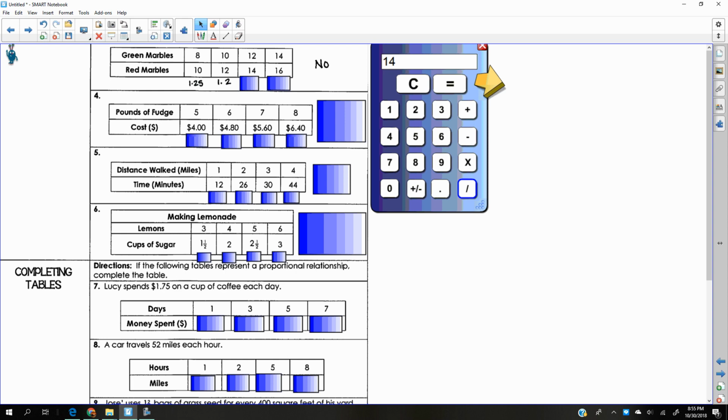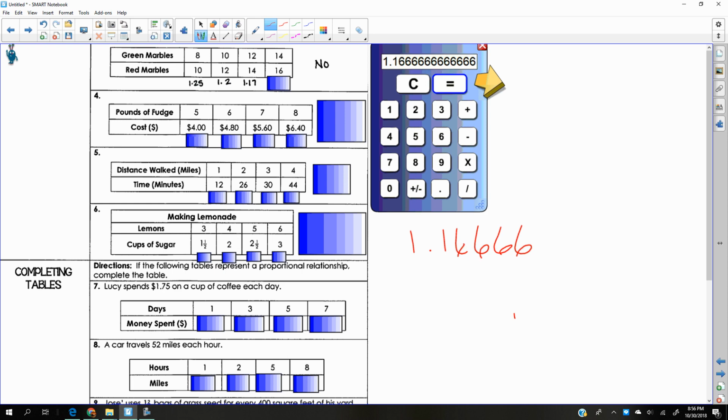14 divided by 12 is 1.16666, and we're going to round it to 1.17. We're going to round it to the nearest hundredth. And just to help you remember how to round if you need to. All right, so if we have 1.16666 and so on and so on.